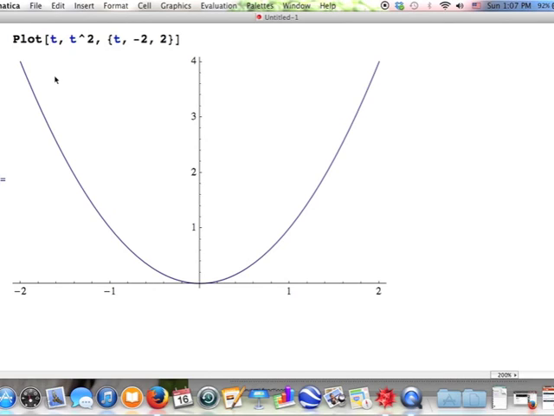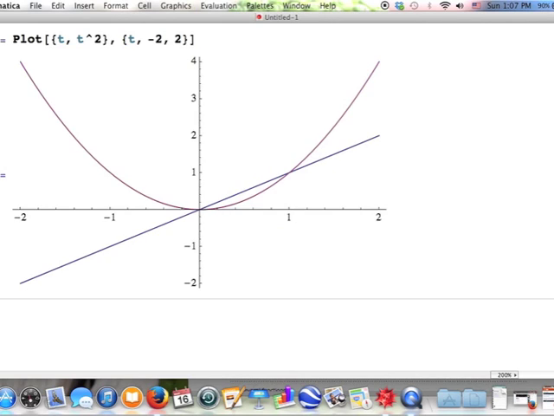So because of that, and I want to graph both of them, since they're both here in the beginning, I want to use curly brackets to say that this is all in the first argument, and what the first argument is, this is what I'm graphing. And to run your function, I forgot to mention this, you hold shift and hit enter or return, and it graphs it. And as you can see, we have the t squared, and we have the x graph all in one place. It's really nice.